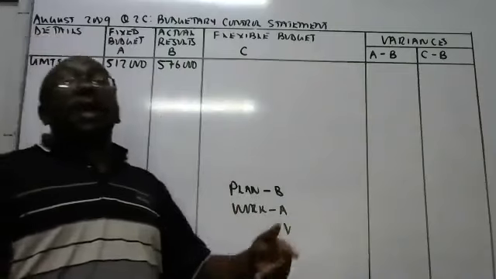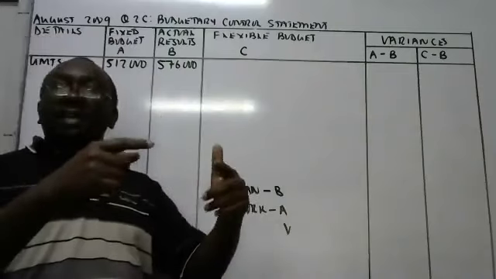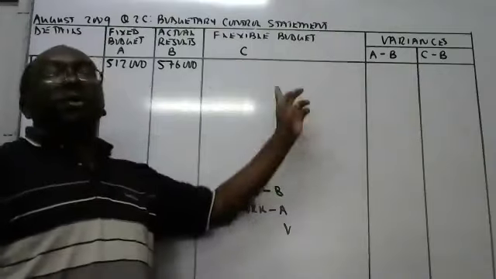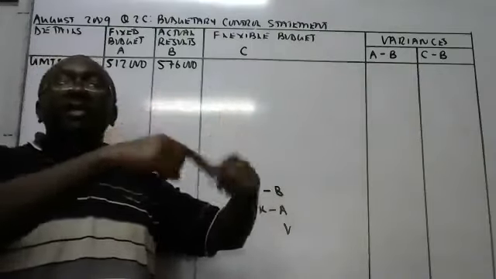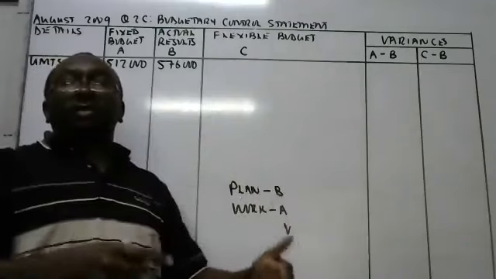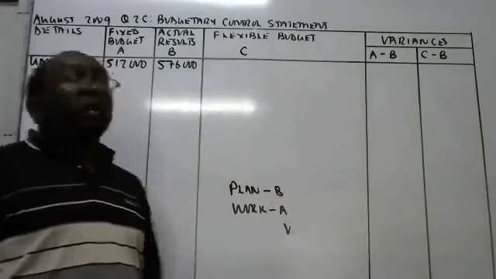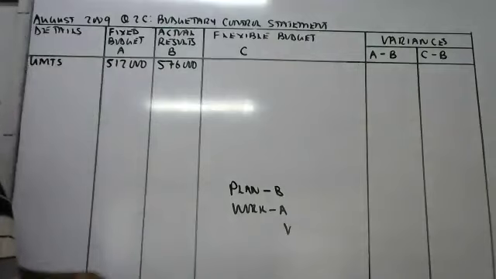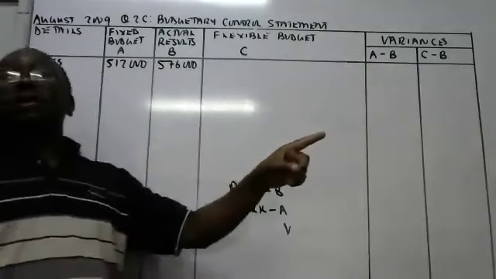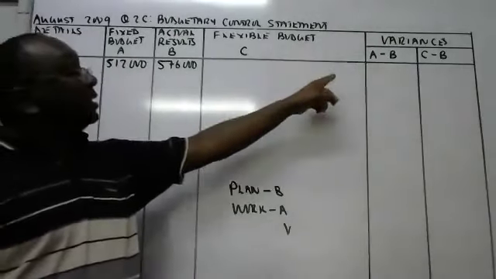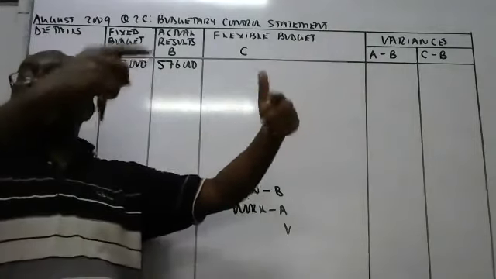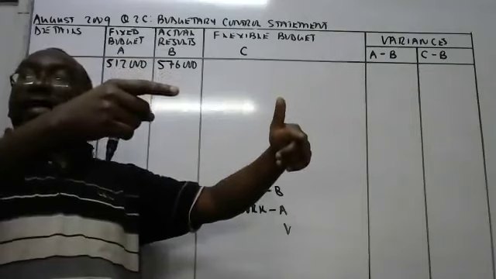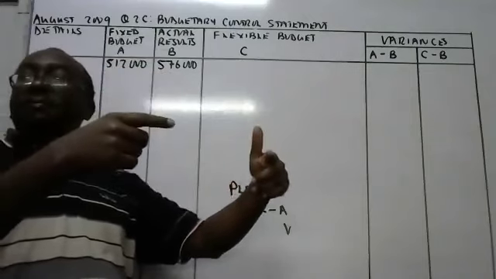Now if you start telling yourself, I wish I had known it would rain, I would have carried an umbrella. That is what is called flexible. It is when now you try to change the plan in light of the actual circumstances which have happened. So it then follows that the flexible budget is going to be done based on it having rained. Just like the actual case, it has rained.